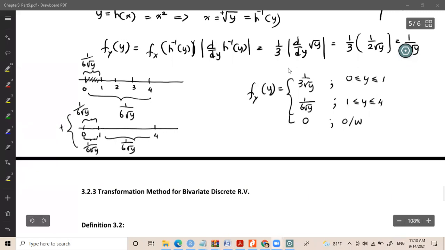Okay, is this clear? Why we add these two components together and then split the interval: the overlapping part separately and the rest. 0 to 1 is the overlapping part, so you can combine these probabilities together, and then 1 to 4 is the non-overlapping part. So here is the final answer. Is this clear to all of you?